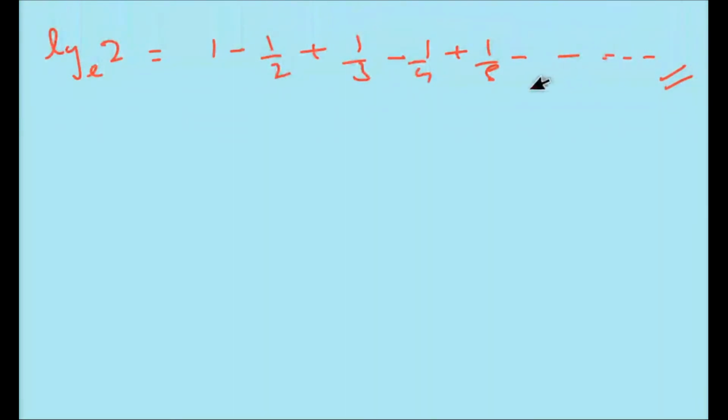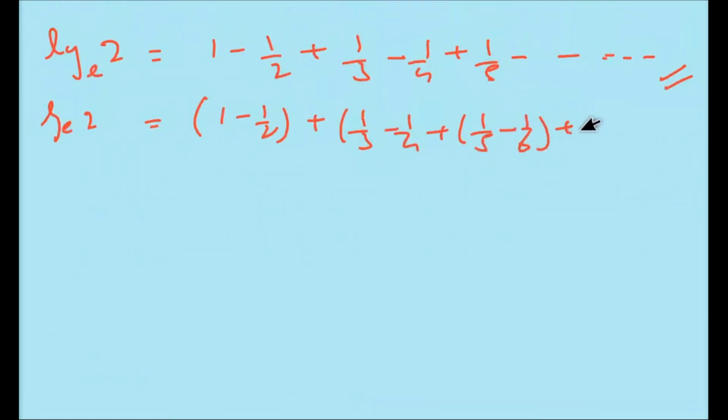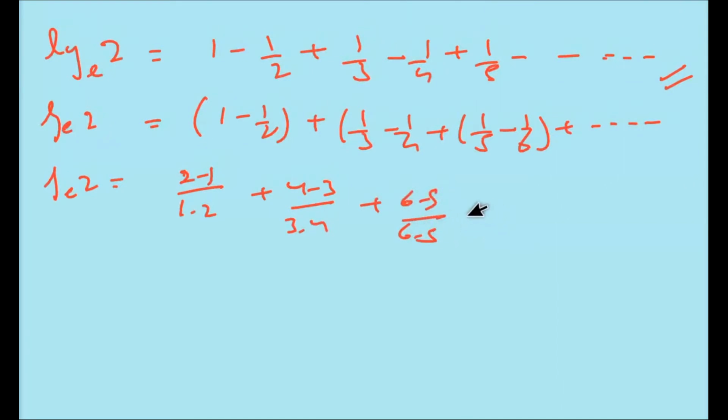Okay student. Now again, if we take it this way, adding only two terms at a time, we get log e base 2 equal to, taking LCM here, (2 minus 1) upon 1 into 2, plus (4 minus 3) upon 3 into 4, plus (6 minus 5) upon 5 into 6 and so on.